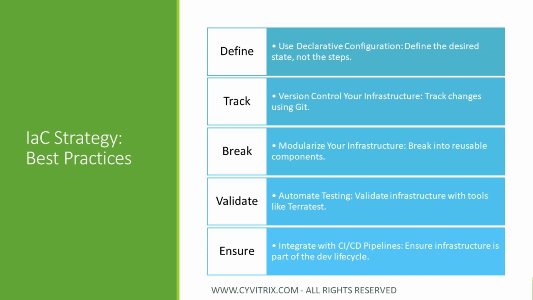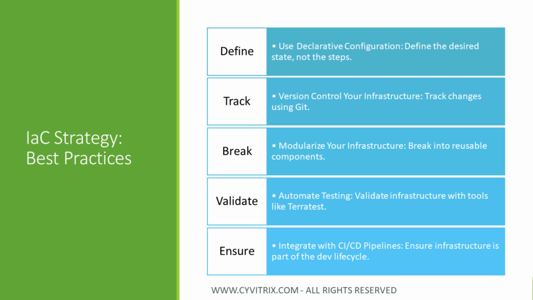Modularization of infrastructure is another important strategy, which involves breaking infrastructure into reusable components, making it easier to manage and scale. Automated testing of infrastructure changes is also critical. Just as application code is tested, infrastructure changes should be validated to ensure that deployments are correct. Integrating IaC with CI/CD pipelines allows for automated testing and deployment of infrastructure, streamlining the development lifecycle.